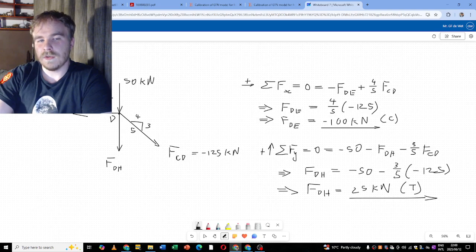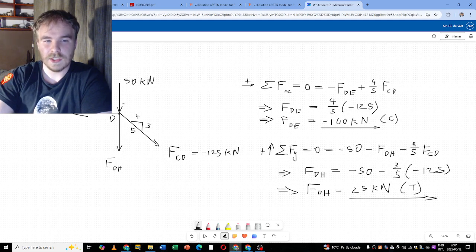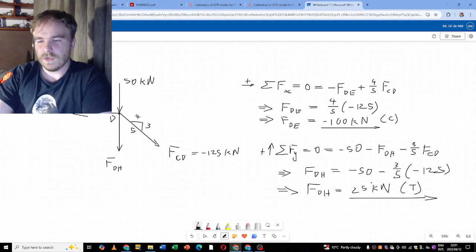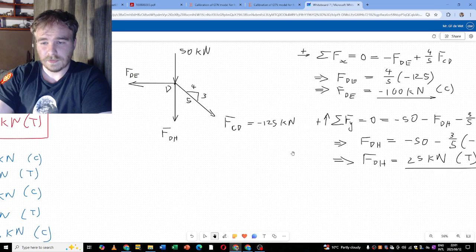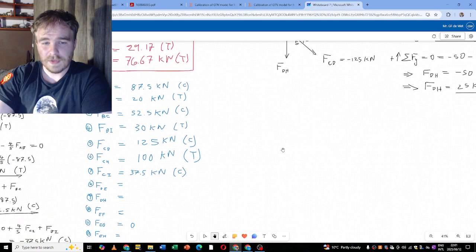FCD looks like it could easily overpower this 50 kilonewton because it has a magnitude of 125. So I'd say there's a good chance that FDH will be positive. When we solve for it, it should be in tension, helping the 50 kilonewtons reach equilibrium against FCD. So a value of 25 kilonewtons seems very reasonable to me. I'm going to be happy with that.